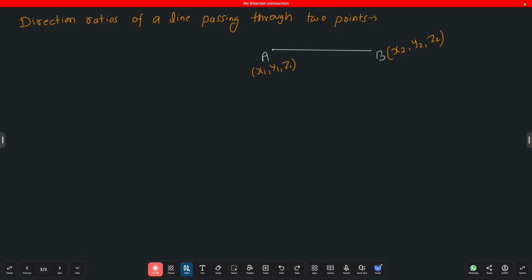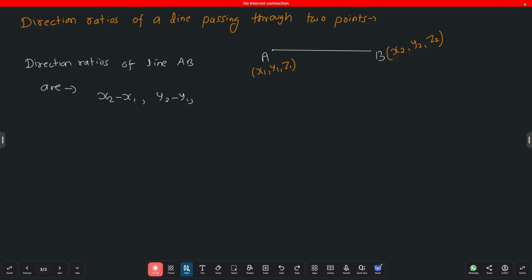Then what are the direction ratios of the line AB passing through A and B? Simple: x2 minus x1, y2 minus y1, z2 minus z1.